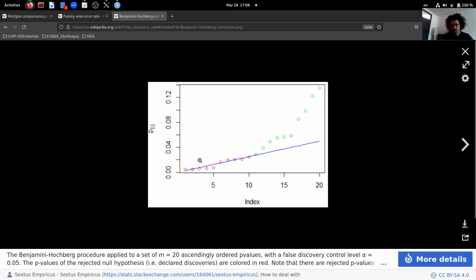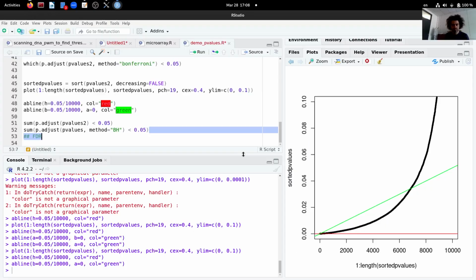So for all of them we reject the null hypothesis, even though there are some here that do not individually satisfy it. Now in our plot, all of these guys here reject the null hypothesis, so we see that this should be something like 6.5 to 7,000 genes.